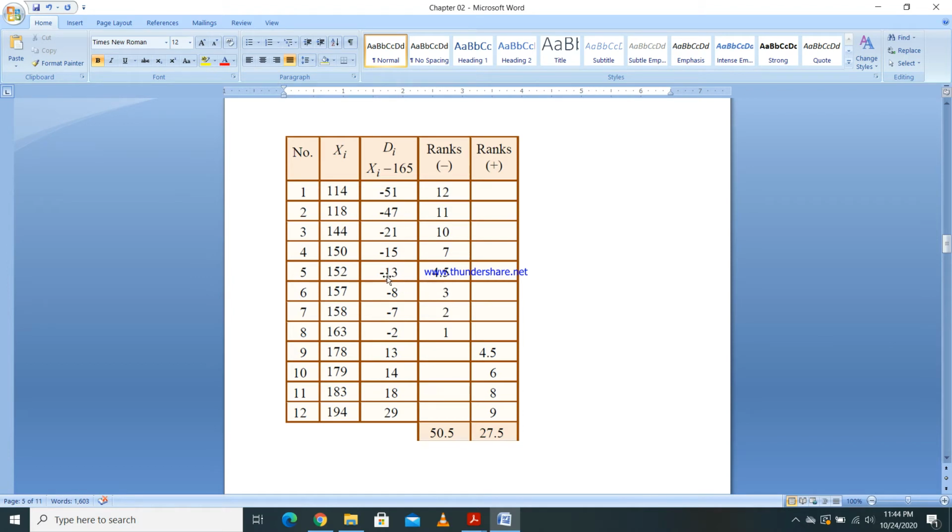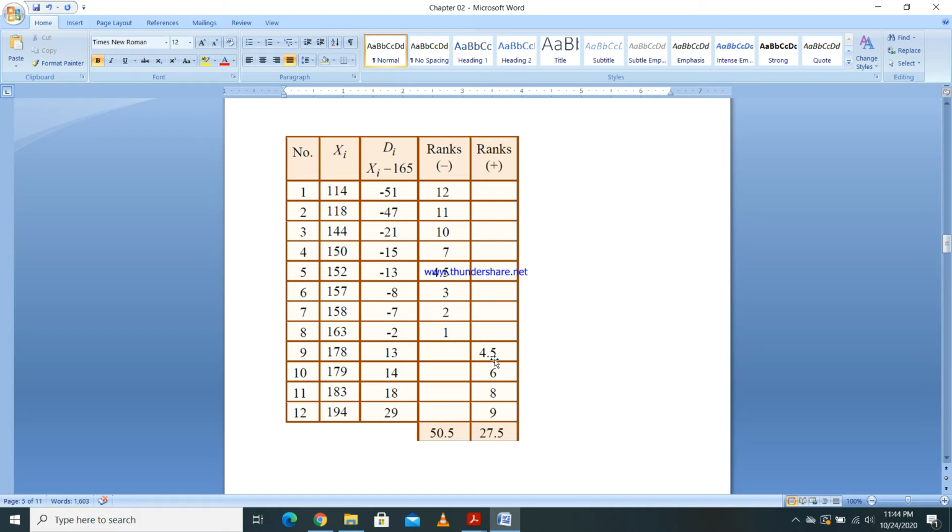But when it comes to 13, you have minus 13 here and plus 13 here. That is, you have to give 4 and 5 to these two, but you have to take the mean value of the tied values. That is 4 plus 5 divided by 2, that is 4.5. So I have to give 4.5 to this and 4.5 to this. So now you have used both rankings 4 and 5.